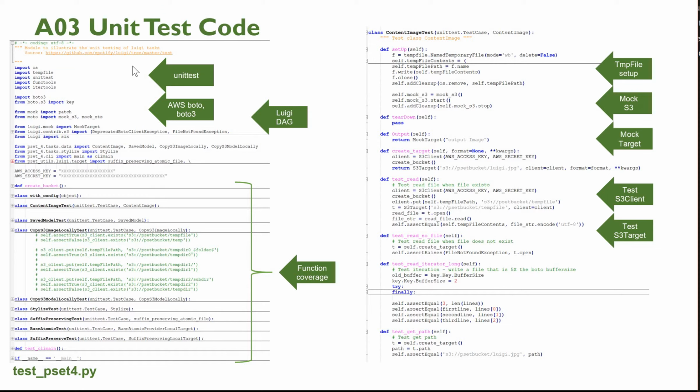In this part again I show you the overall structure of my test, and basically all the imports and all the key classes that I developed for PSET4, which is where I put it in the code here to test each of them.